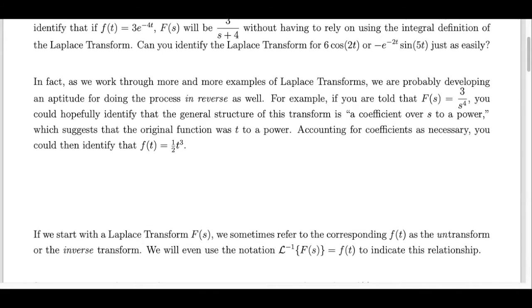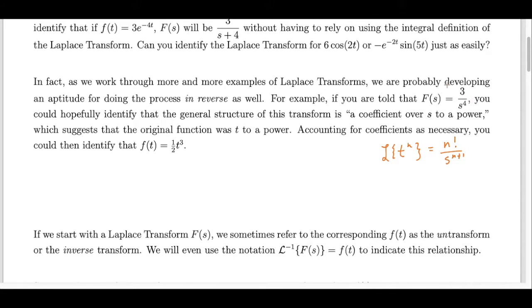I recognize, as I've indicated here, that the general structure of my transform is a constant over s to a power. So that gets me thinking of the theorem from last time that the transform of t to the n, where n is a non-negative integer, will be n factorial over s to the n plus 1.